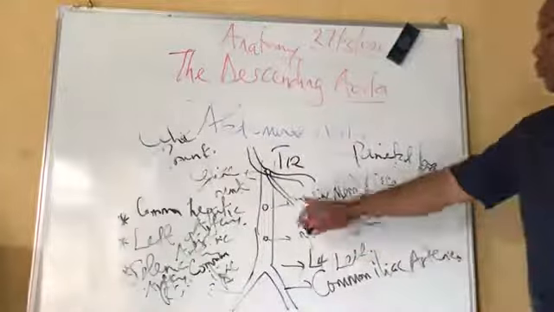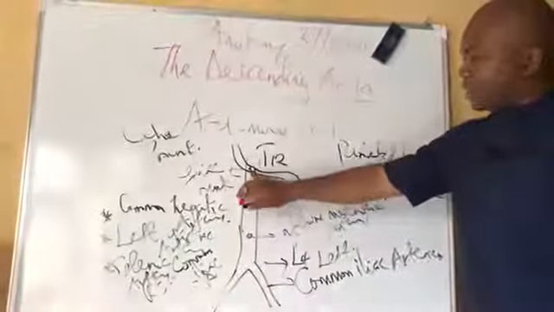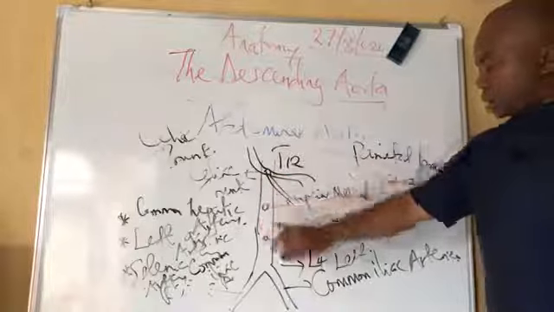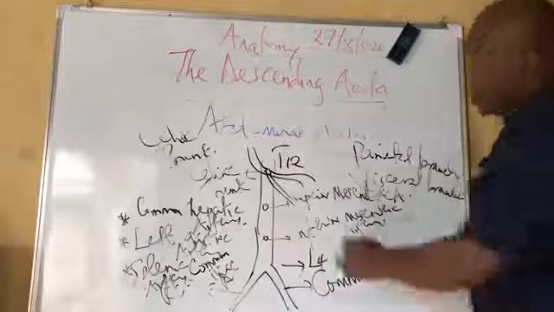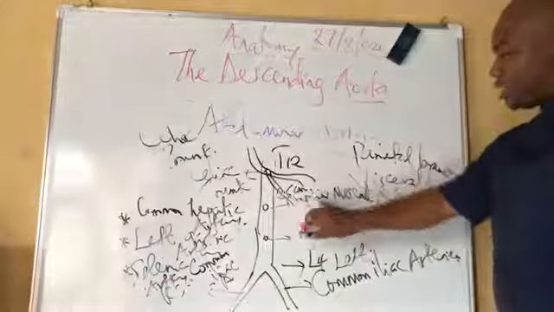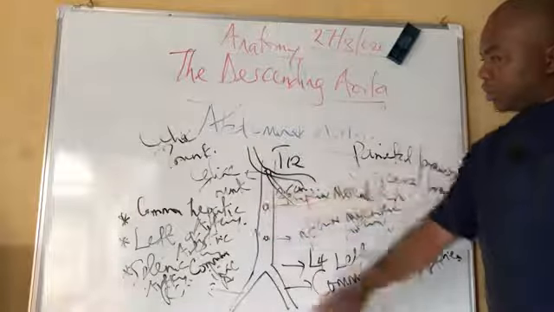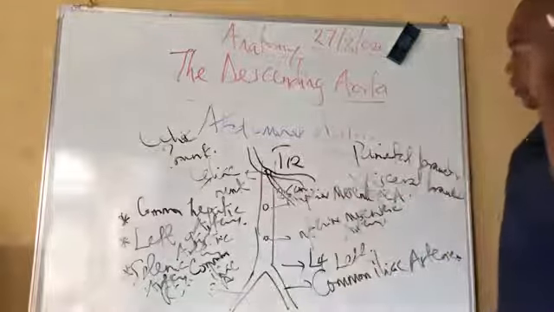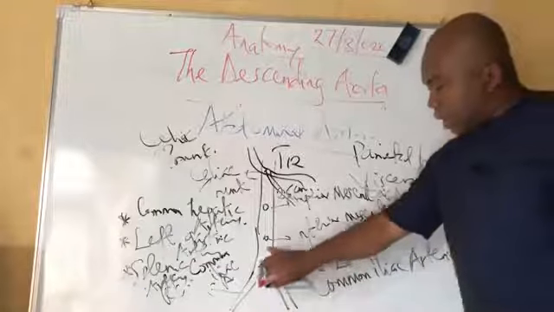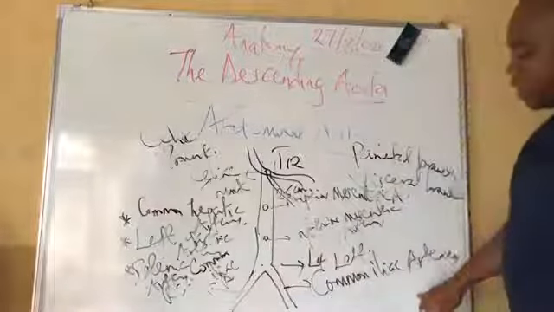The distance from the celiac trunk to the superior mesenteric artery is 2.5 cm. The superior mesenteric artery separates from the celiac trunk at 2.5 cm, while the inferior mesenteric artery goes superior to the point of splitting of the abdominal aorta.